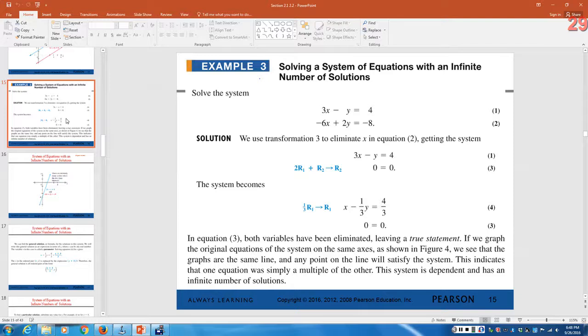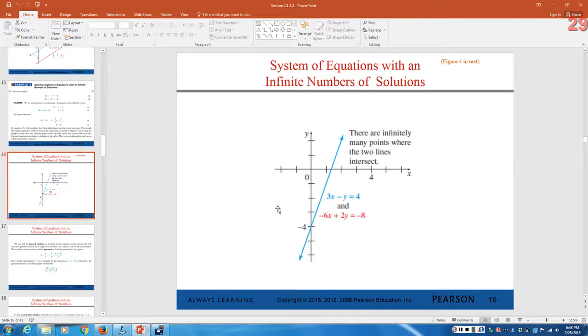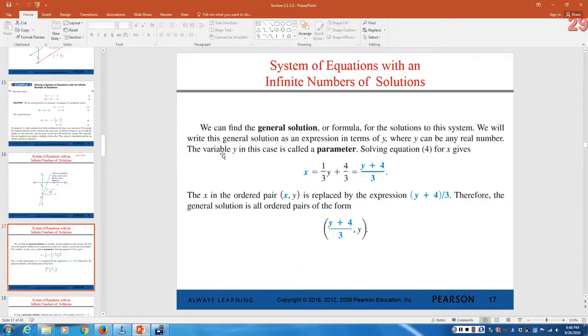Now you can actually go through, and they did a fraction to get the first equation with the fractions, but I really honestly don't know why you would want to do that. And this, of course, shows what I told you a minute ago, that they're overlapping. Now you can use either one of the equations to come up with what's called a general solution.